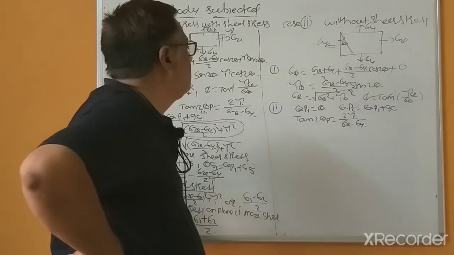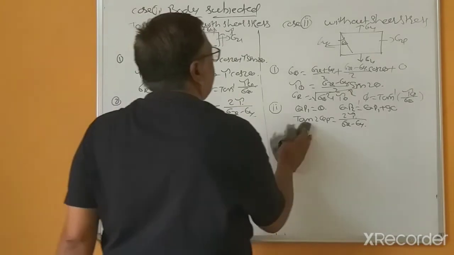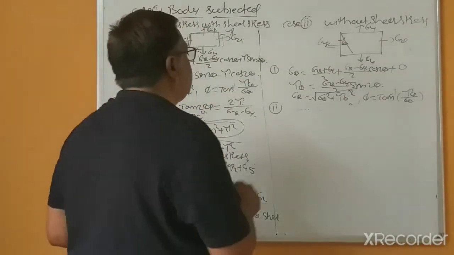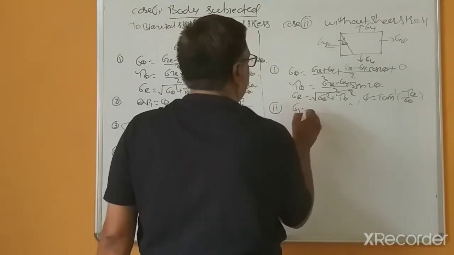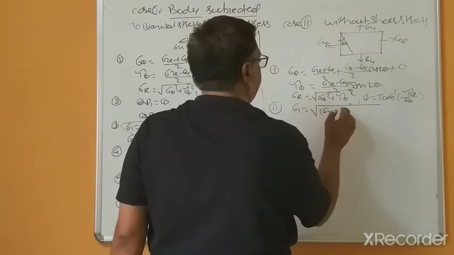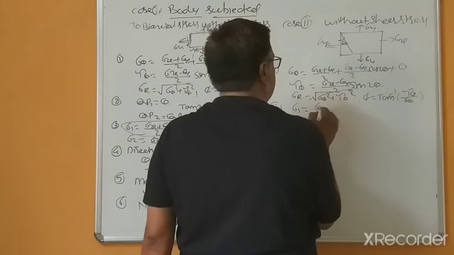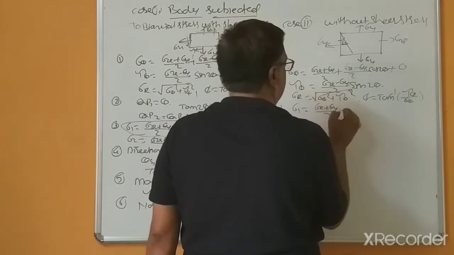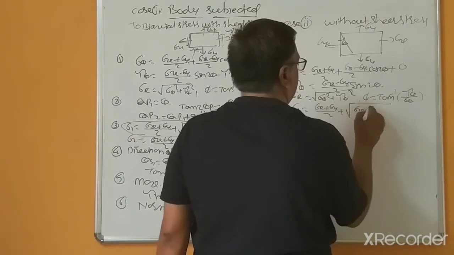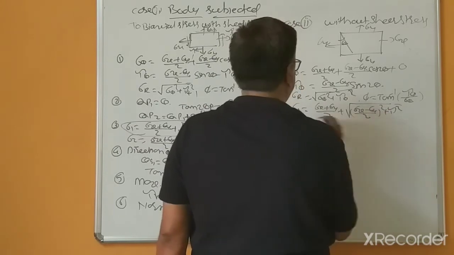I think this is not needed, because inclinations are not required, since this is the principal plane. So the second bit is sigma 1 equals sigma x plus sigma y divided by 2 plus tau squared.